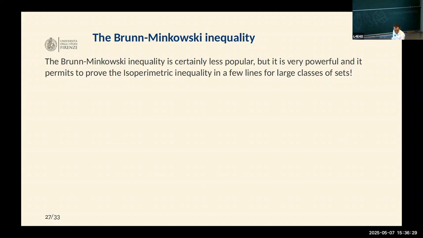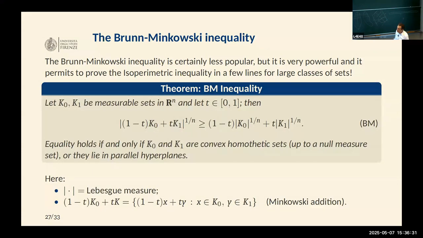Okay, what is the Brunn-Minkowski inequality? It tells you this: if you take two sets which are measurable, so in the plane you can say what is the area, and in space you can say what is the volume, it makes sense to speak of volume and area. Then you take a convex combination of them, some mean of them. Now I'll tell you what this means.